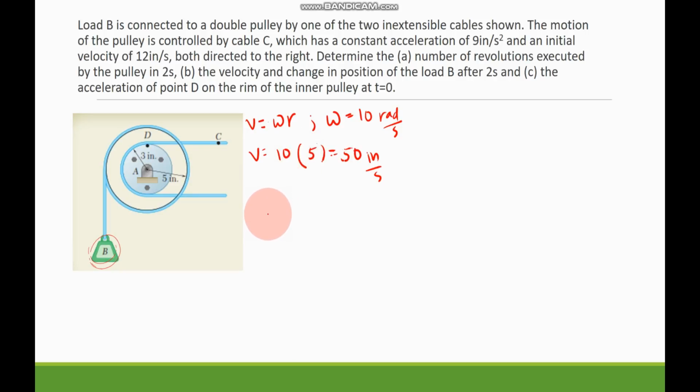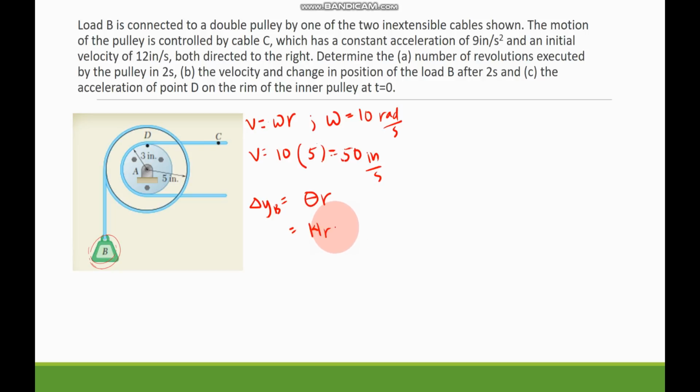And then the change of position of load B. So the change in position of our load B is equal to the angular coordinate multiplied by our vector r. We have solved earlier that our angular coordinate at 2 seconds is equal to 14 rad.